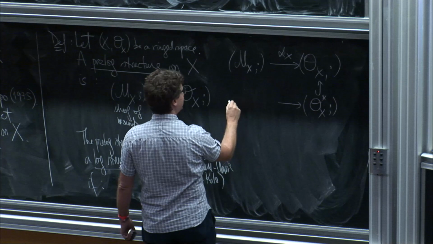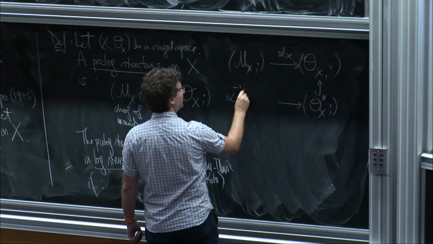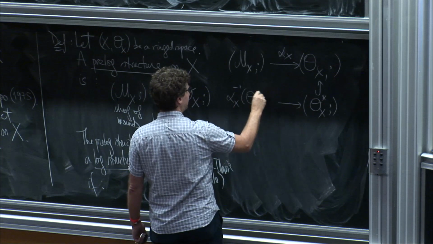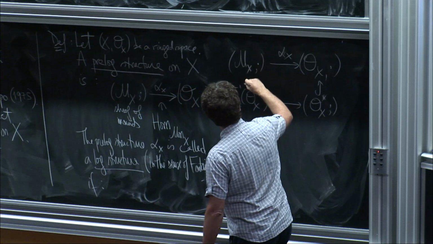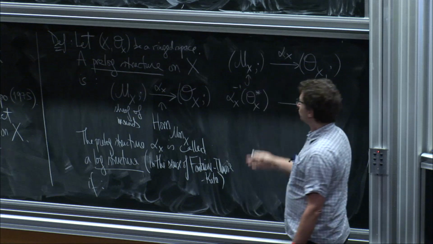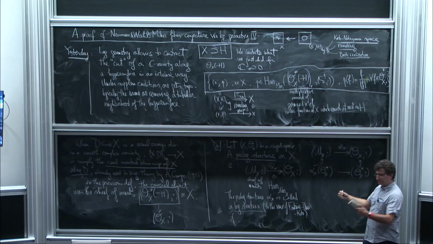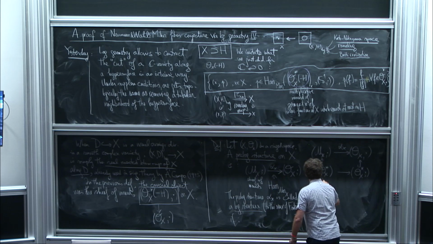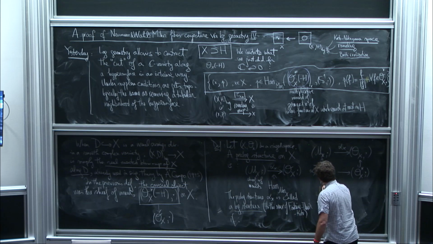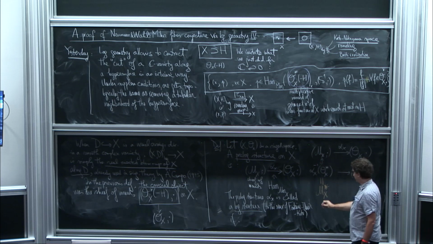So you have automatically here alpha_X^{-1} of O_X^*. And what one asks is this to be equal to the units of this sheaf of monoids.